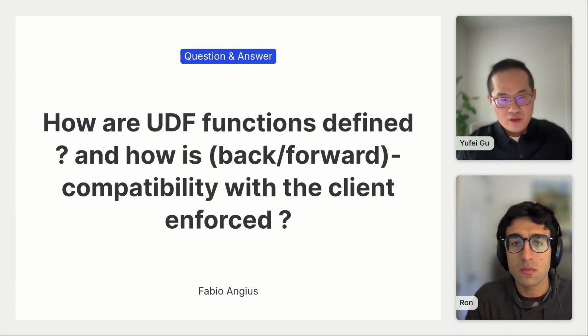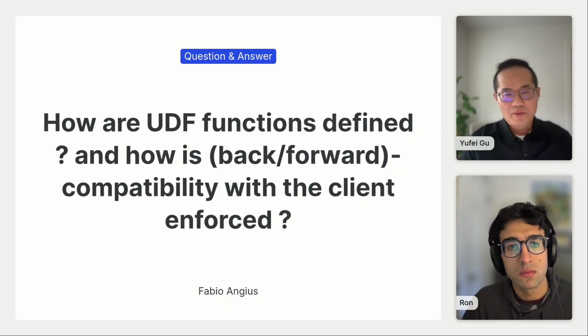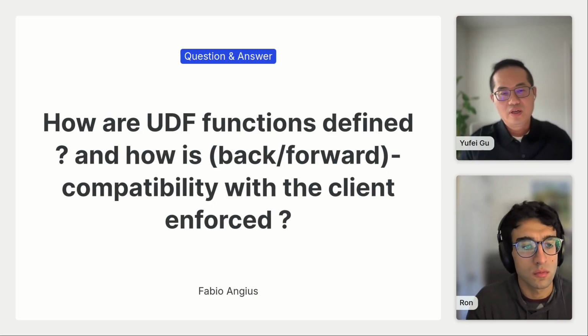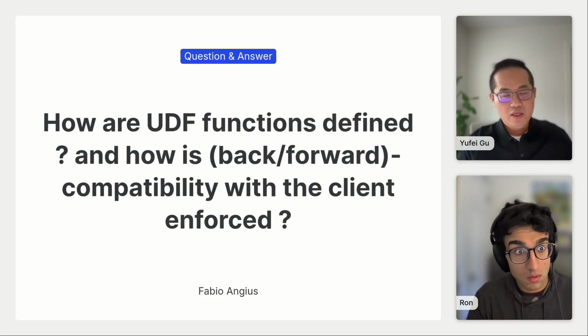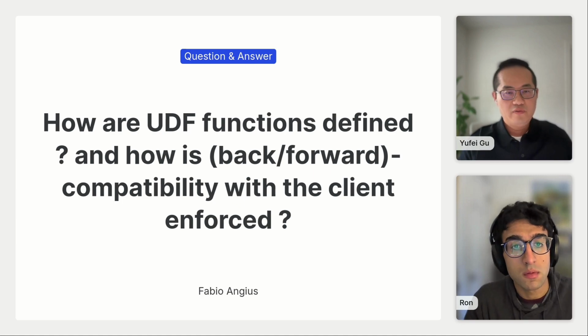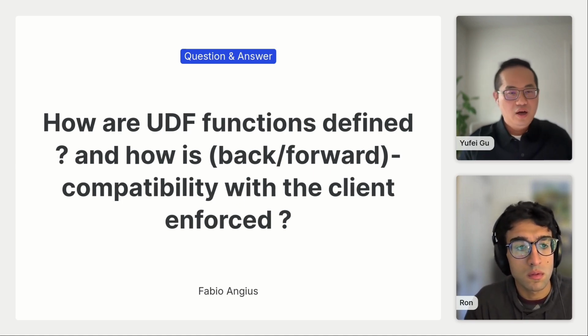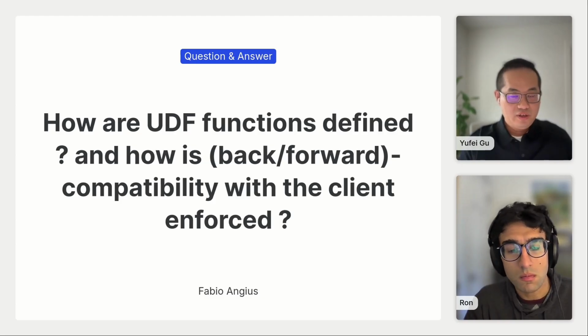I was driving the whole effort with everyone from the Iceberg community to make that happen. The first version of the UDF is SQL UDF only, and how the UDF function is defined, engines or REST clients will still be able to define that.